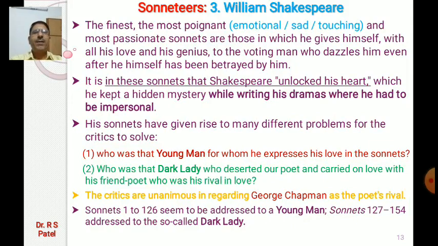Today we shall continue with the discussion of Elizabethan poetry, the third topic in the first unit of paper number CC 102. This is the third lecture on this topic.